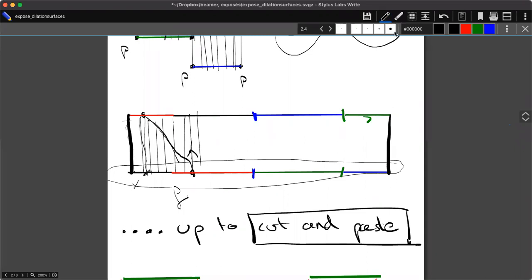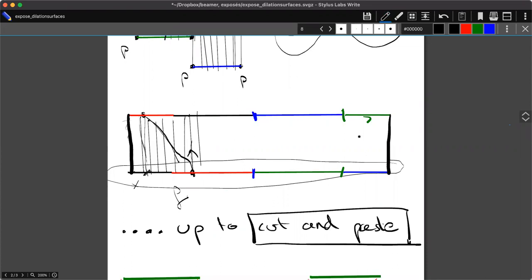Maybe is it clear so far what I'm saying? Yes, it is. Okay, perfect. So all of this is to say that I want to study this set of maps, the affine interval exchanges, but instead of studying them directly, I will study the set of all dilation surfaces.